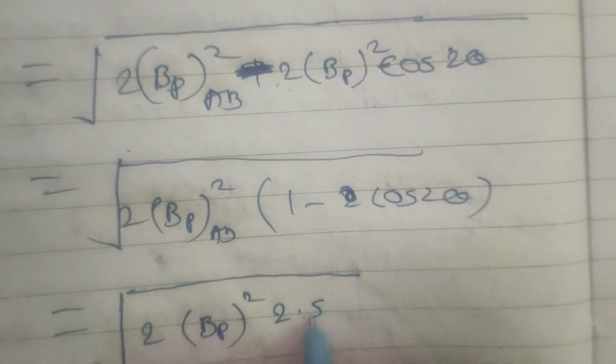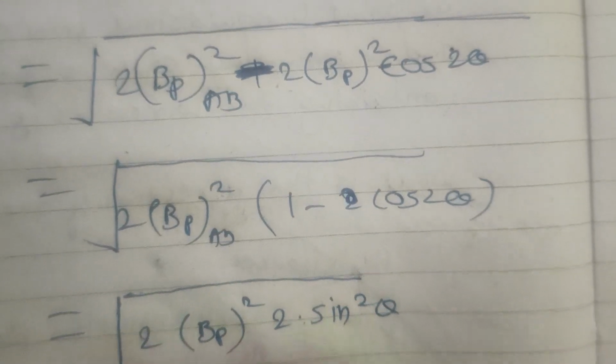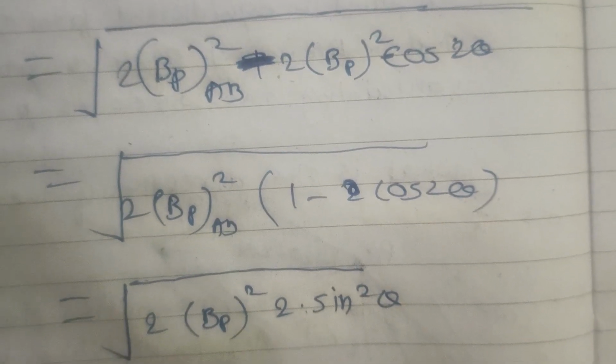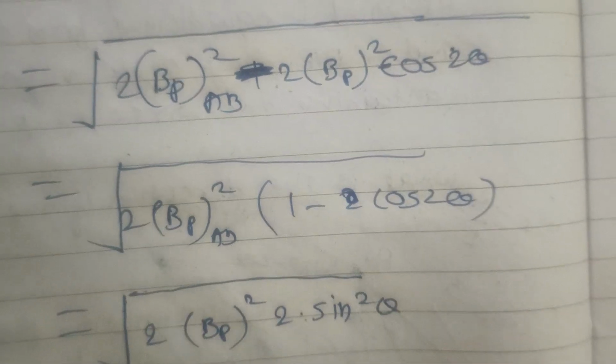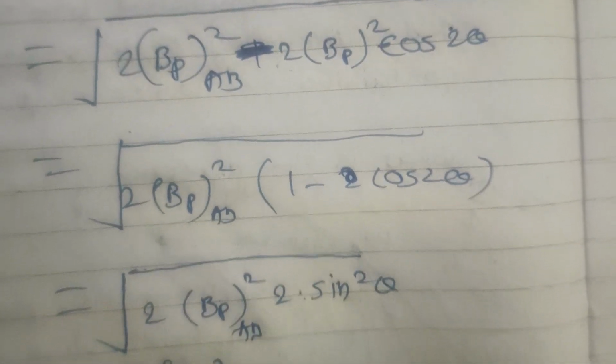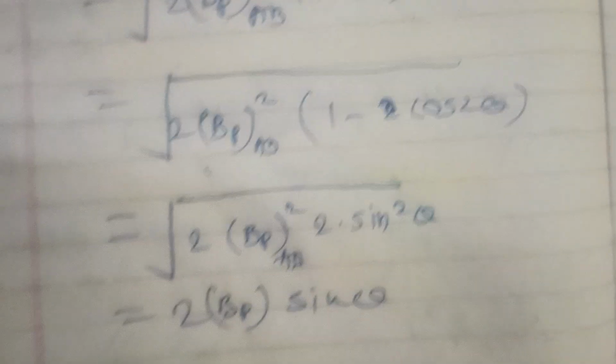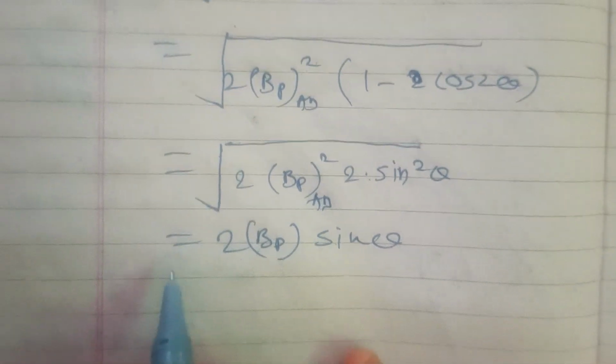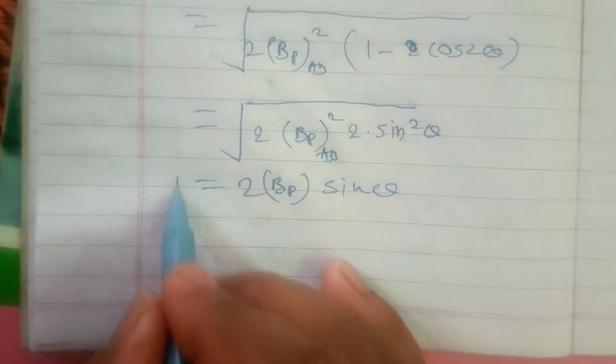So 2 into sin²θ: 2 times 2 is 4, its square root is 2, B_P due to AB remains under the root, and it remains sin θ. This is the resultant magnetic field.